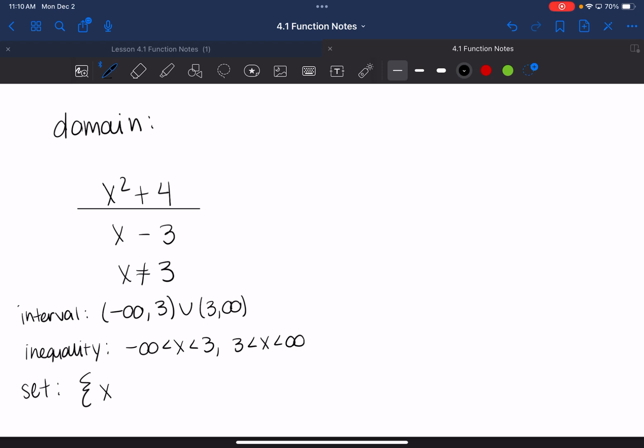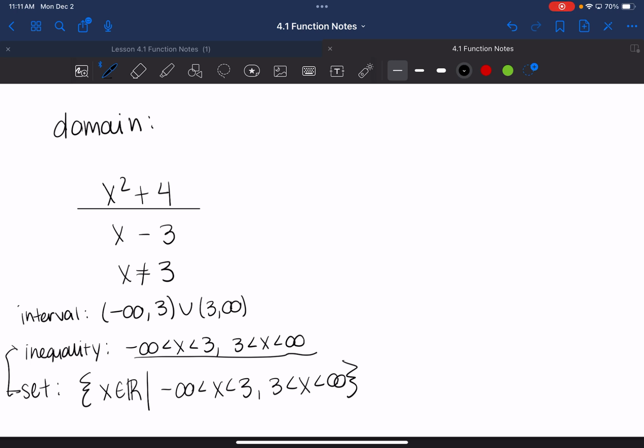So you would say x is all real numbers such that, and you would just copy this part down. You'd bring down your negative infinity is less than x is less than 3, 3 is less than x is less than infinity, and you put it inside of those curly brackets to show that it's a set. So inequality and set notation are pretty much the same. The set notation is just the fancier way of writing it.